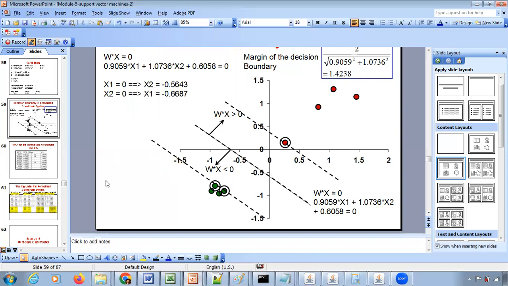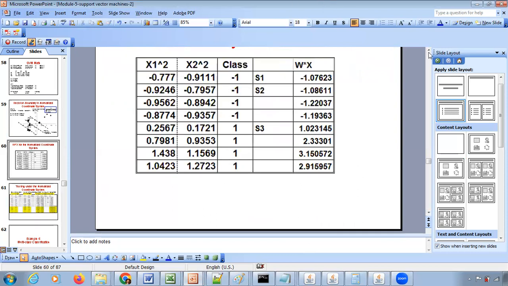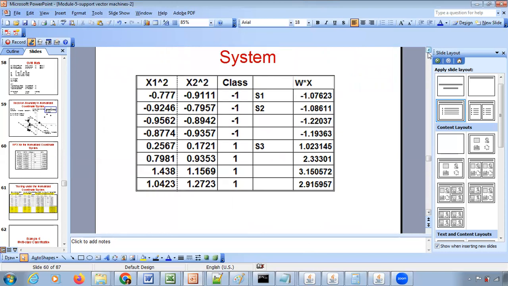So you can now test with the rest of the data points in the normalized coordinate system with W times X. For these two, we get very close to -1, even though it's not exactly -0.999 or -1, we get a little higher.